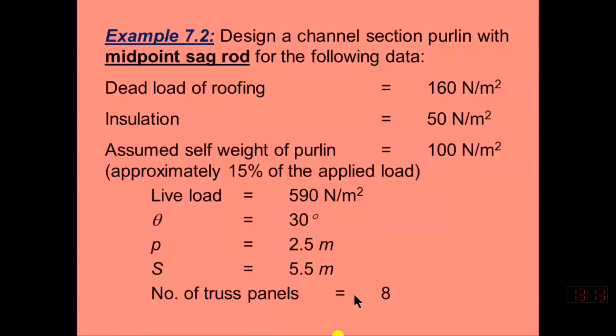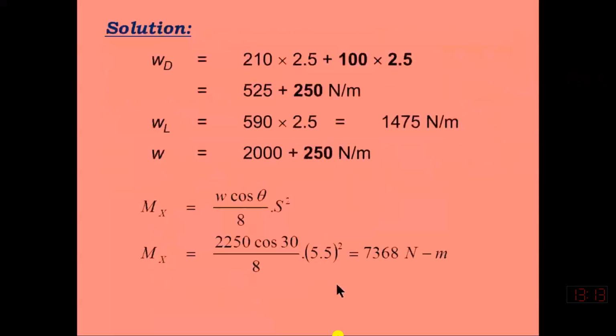Again, when we are computing the dead load, we need to convert all types of load into UDL. How can we convert? If we multiply the load, which is in Newton per meter square, with the spacing of the purlin, which is equal to the panel length, 2.5, the load will be in Newton per meter.